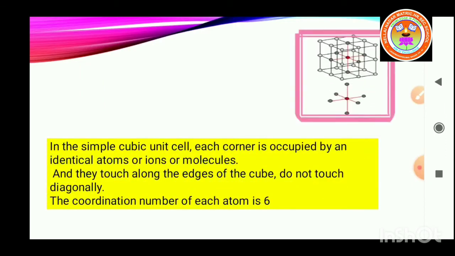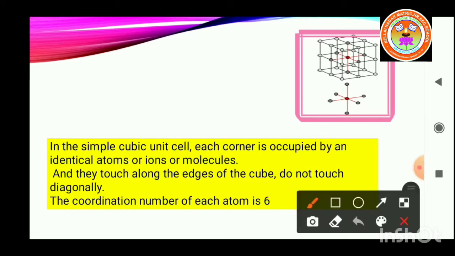In the simple cubic unit cell, students, listen carefully. Each corner is occupied by an identical atom, ion or molecule. Okay, and they touch along the edges of the cube. What is the meaning? The atoms do not touch diagonally. That's why the coordination number of each atom in simple cubic is 6.